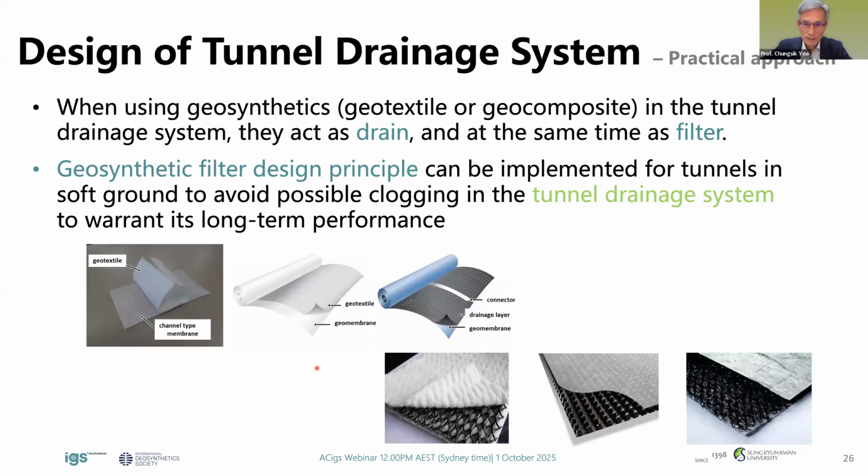So when using geosynthetics like geotextiles or geocomposites in the drainage system, they serve two important roles. They act as a drainage and also, at the same time, as a filter, right? Geotextile works as a filter. So in order for us to avoid hydraulic deterioration by clogging, we have to talk about geosynthetic filter design principles.